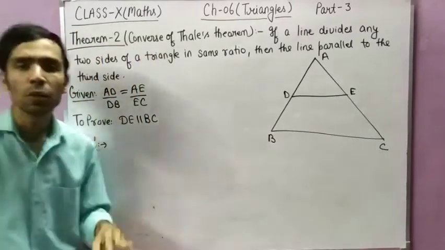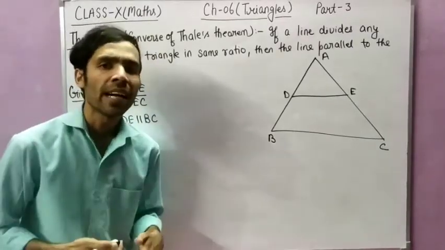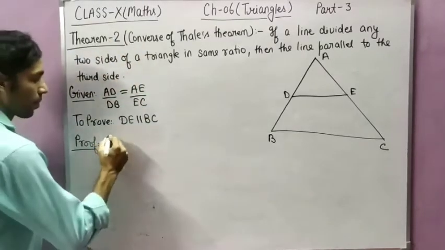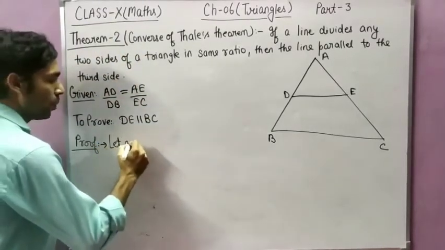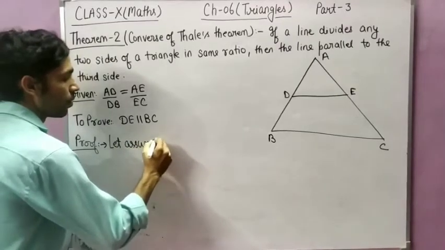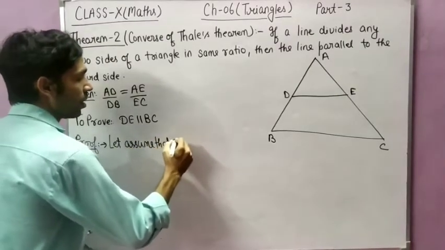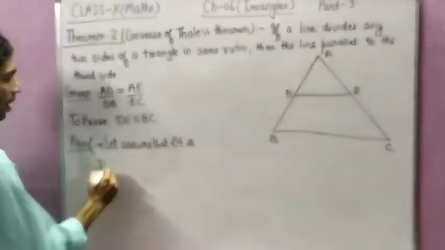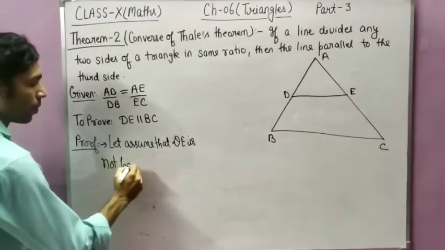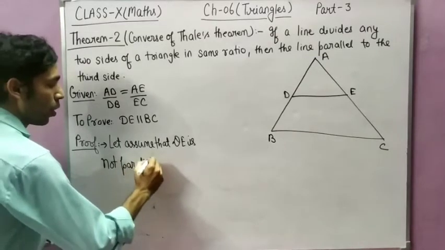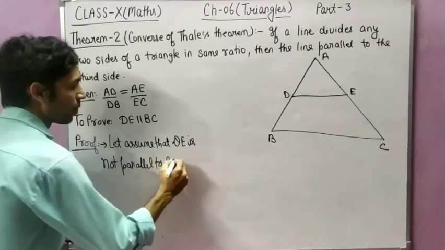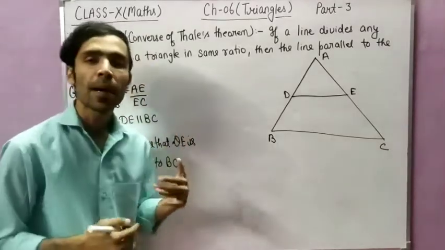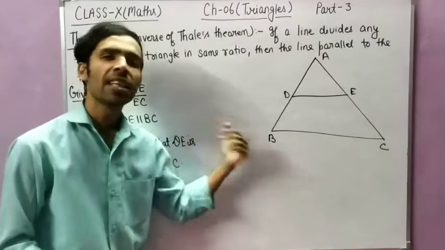We have to prove that DE is parallel to BC, so we will assume that DE is not parallel to BC.